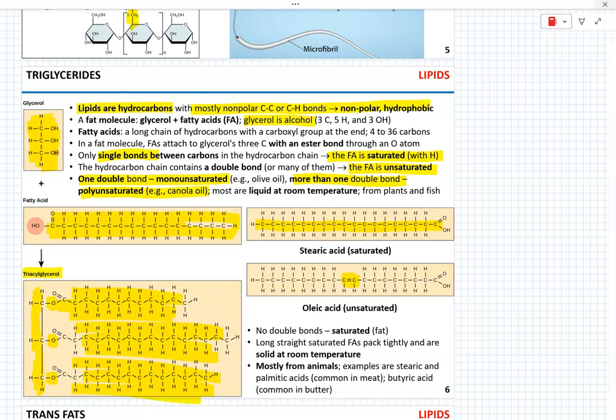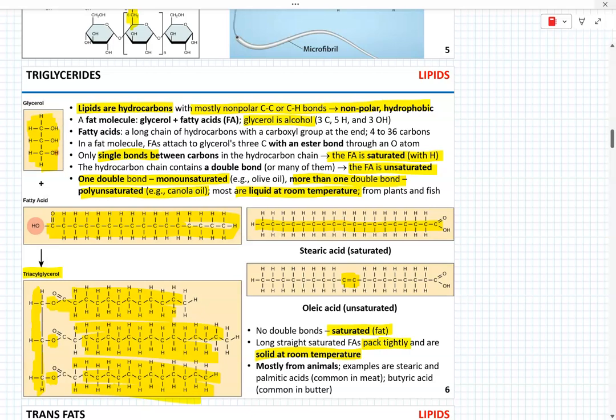In general, mono and polyunsaturated fatty acids are liquid at room temperature and can be found in plants and in fish. Of course, there are exceptions. When fatty acids are saturated, they usually are solid at room temperature, because long and straight saturated fatty acids pack very tightly.